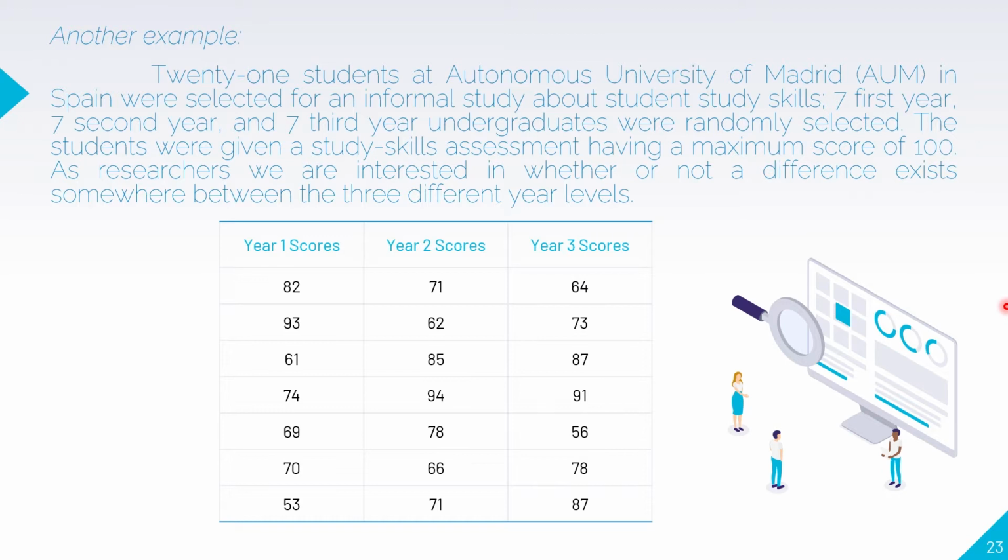As researchers, we are interested in whether or not a difference exists somewhere between the three different year levels. In this one, we have one factor, which is the year level. It is categorized into year 1 scores, year 2 scores, and year 3 scores.